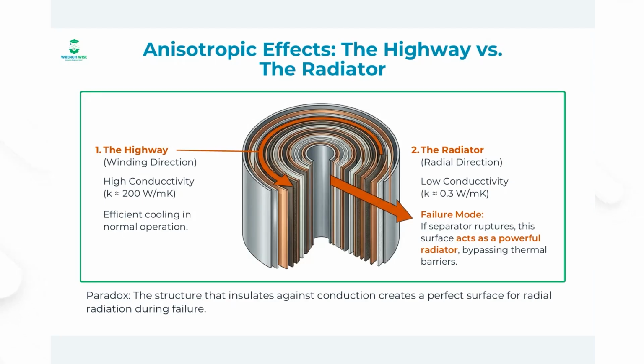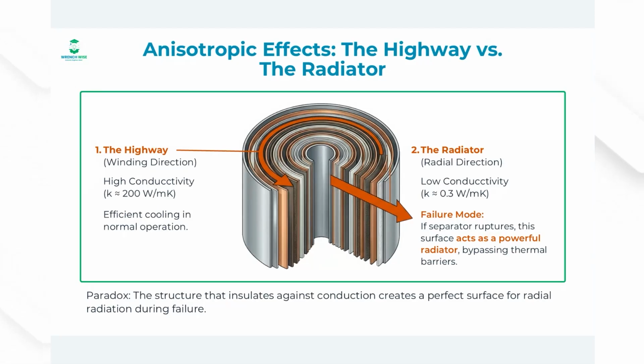Looking at the highway, the first one here, the spiral path, this follows the copper and aluminum current collectors along the winding. In this direction, thermal conduction is extremely high, approximately 200 watt per meter Kelvin. This is comparable to pure aluminum. In normal operations, this is how we manage heat, pulling it out through the tabs and the bottom of the can.